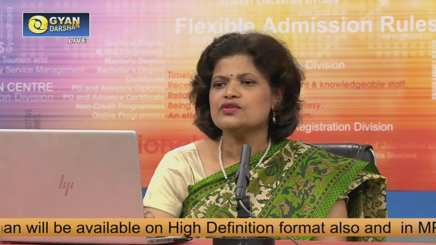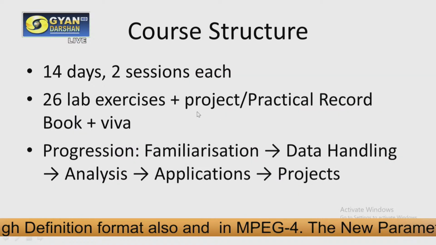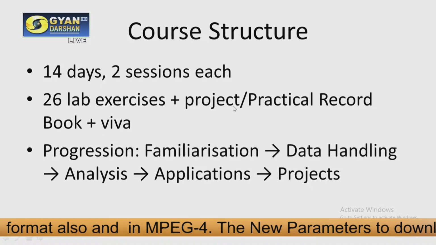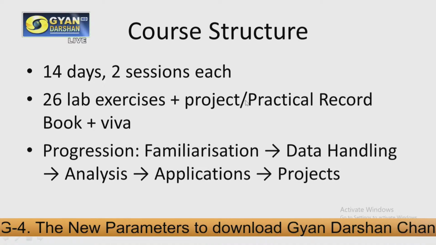So altogether it will come to 120 study hours of the students. We have 26 lab exercises, and it includes a mini project. This project is not to be confused with the project which we have in the 4th semester.